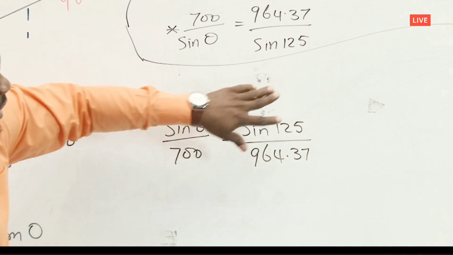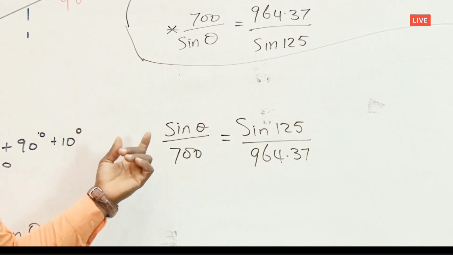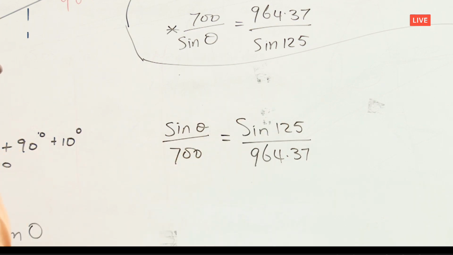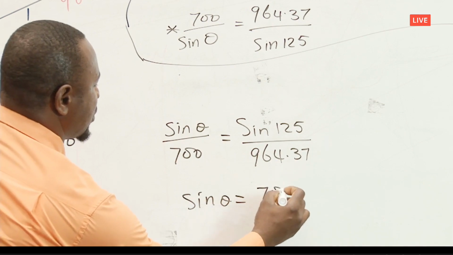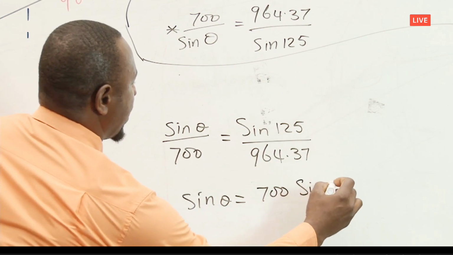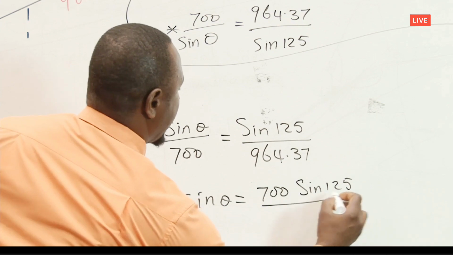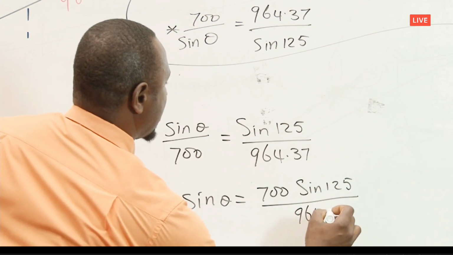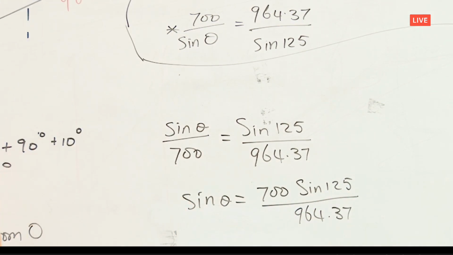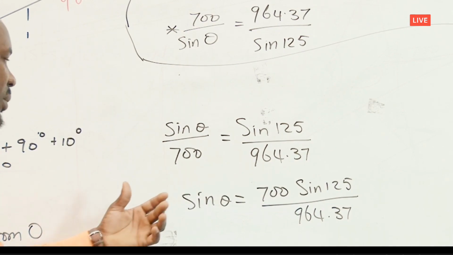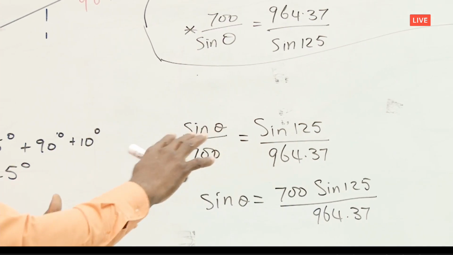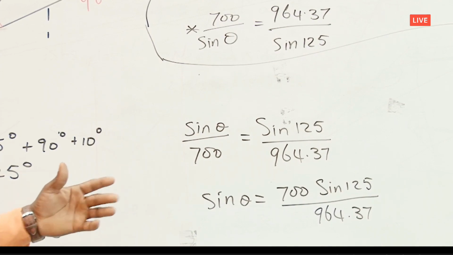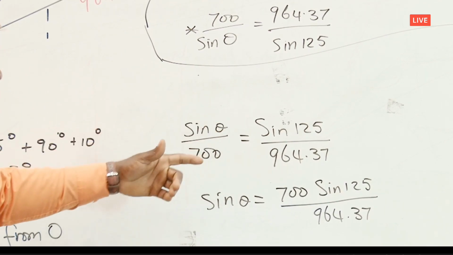So this 700 needs to move over to the other side, and from a divide, it goes over to multiply. So we get sine of the angle equals 700 sine 125 all divided by 964.37. Take control of what you're doing, class. Don't be too bothered about the appearance of it, because all we're doing is transposing from divide to multiply because we want to make sine the subject.